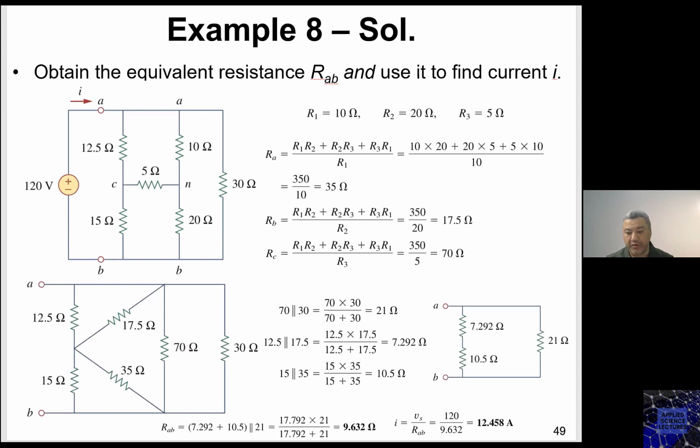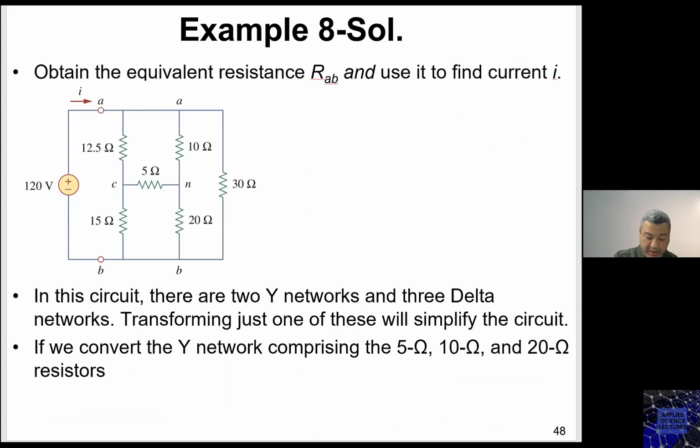Okay, so this is how we solve the Y to delta, and you can try yourself by solving it from delta to Y. I can tell you now, if you take this delta and convert it to Y, you will probably need to do one more simplification going to Y again.